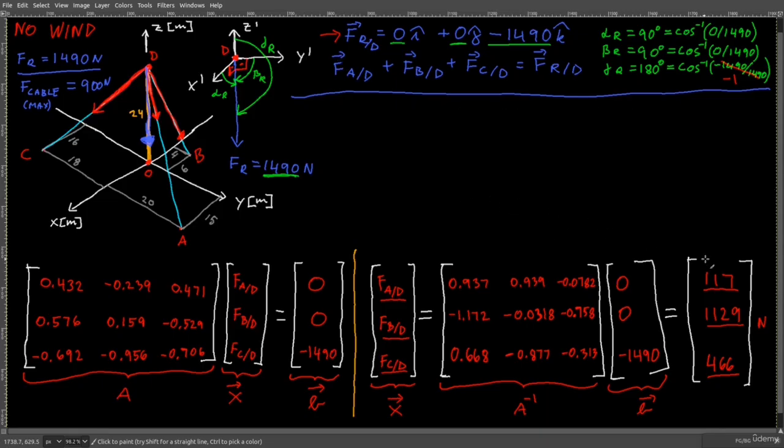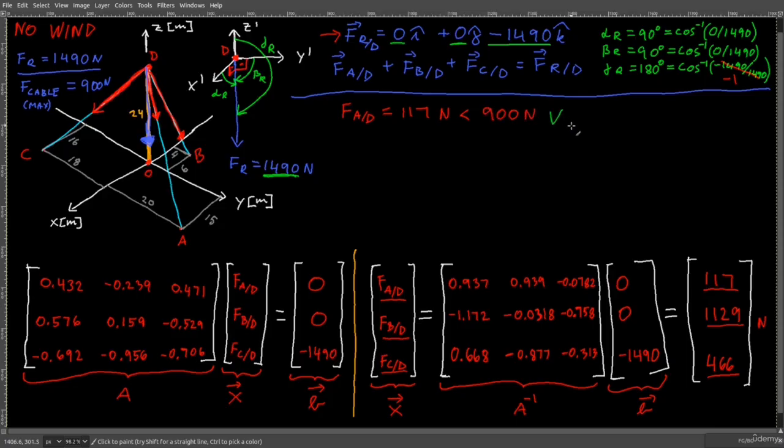And so now that we have the answers for our force magnitudes, we can see if all our cables are able to cope with those forces. The maximum tensile force that you could have in a cable was 900 newtons. So Fa/d equals 117 newtons. That's less than 900 newtons.